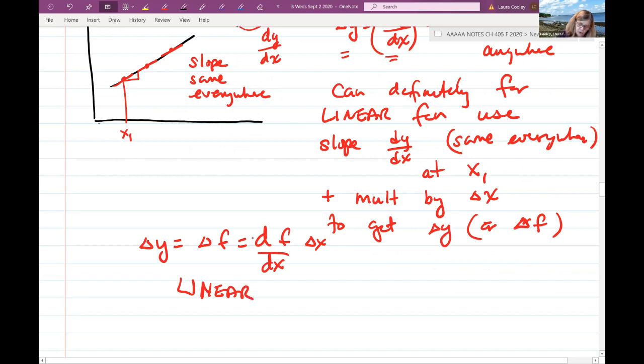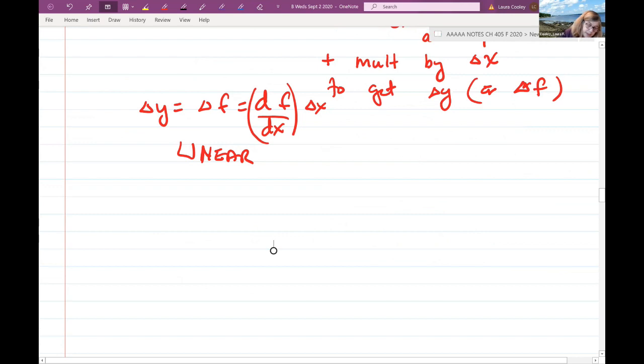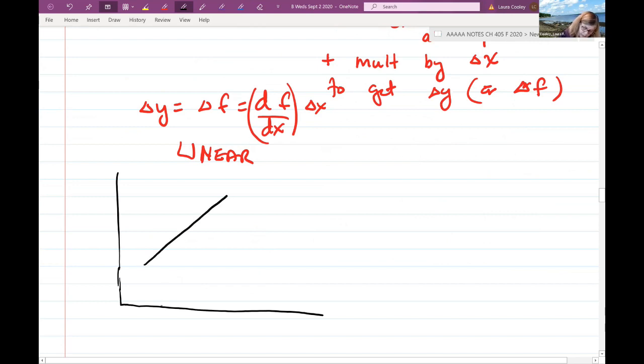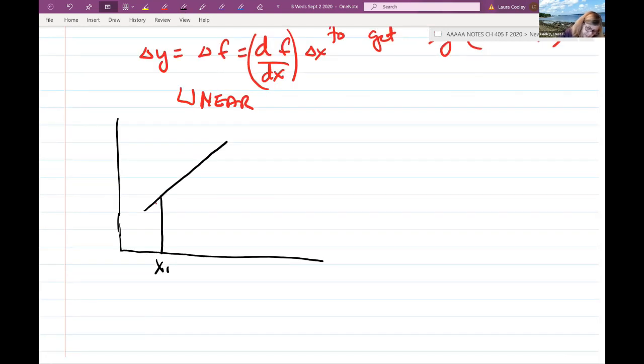So I'd like to just show you graphically what I mean by this, okay? So here is a set of axes, and here's a nice line. And here is my point x1. It's right here. So for a line, if you multiply the slope, I have the slope right there. The slope right there is dy dx at x1.